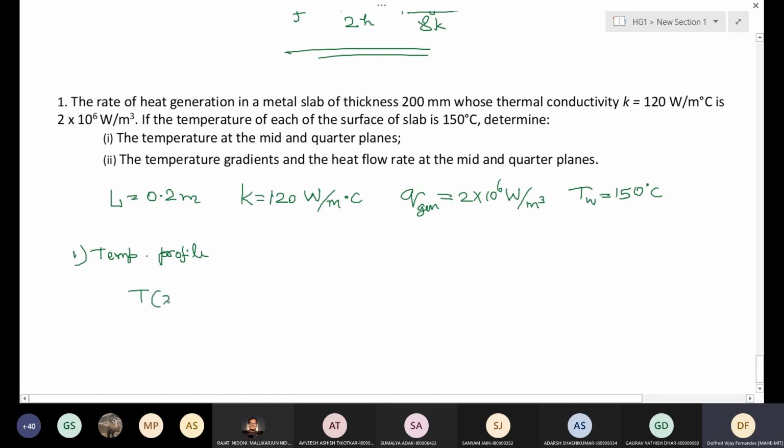T of X equals, now we know the wall temperature, so we can use this formula: T wall plus Q generation divided by 2K into (Lx minus X square). So you have to find the temperature at the mid and quarter planes. Mid is at X equal to L by 2.